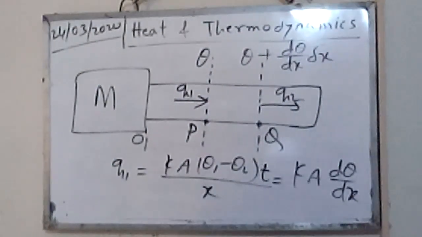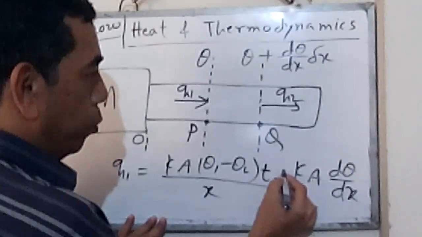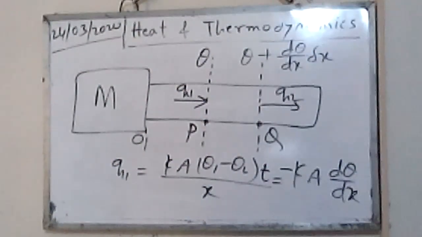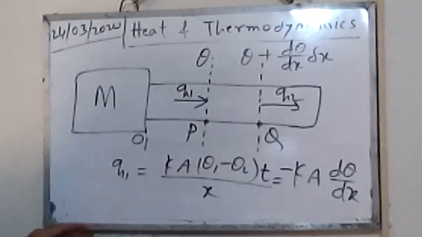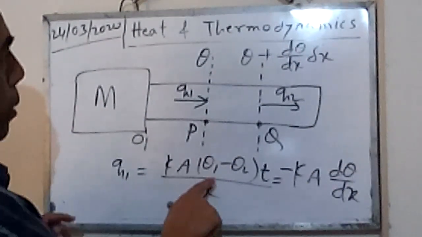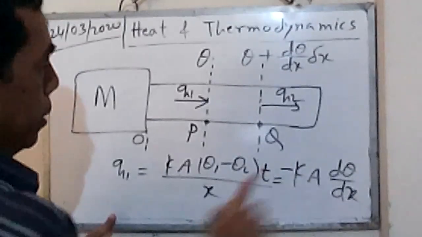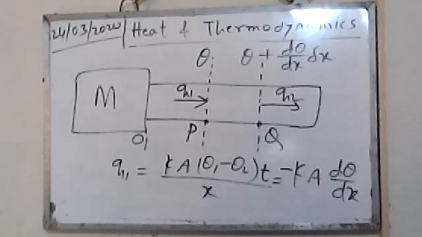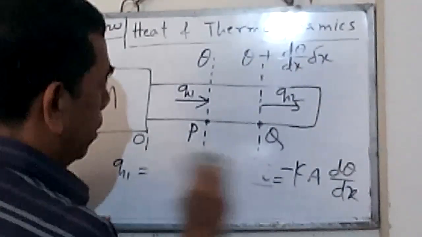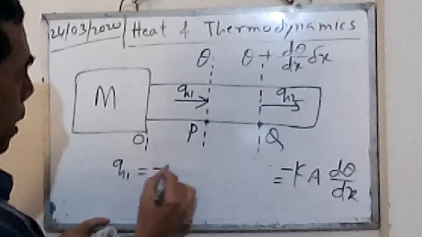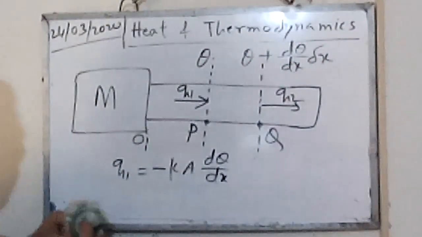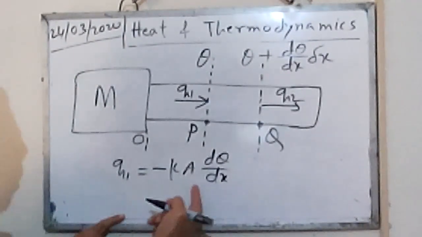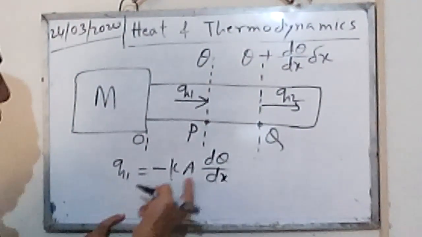This is the fall of temperature, so we put a minus sign, because for a fall, a decreasing of temperature, it is minus. Then Q1 equals minus Ka d theta by dx.